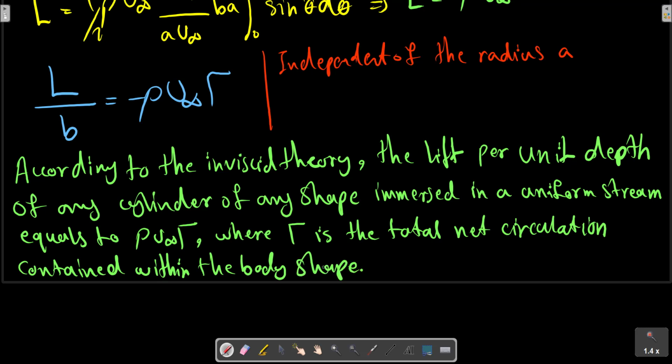The direction of the lift is 90 degrees from the stream direction.